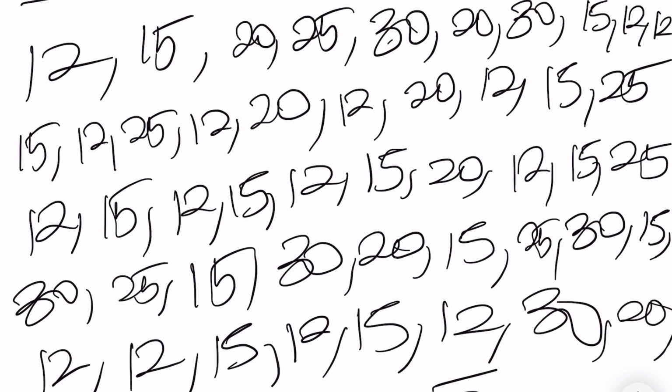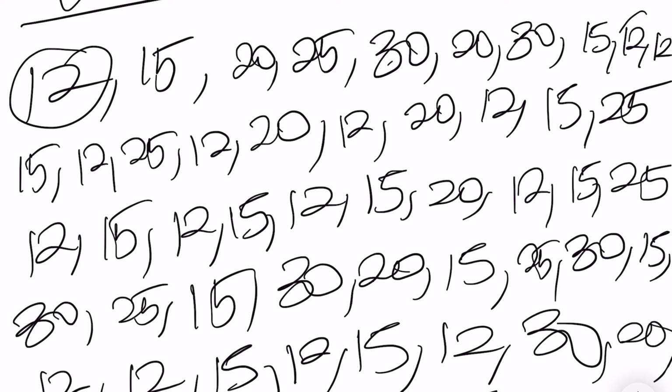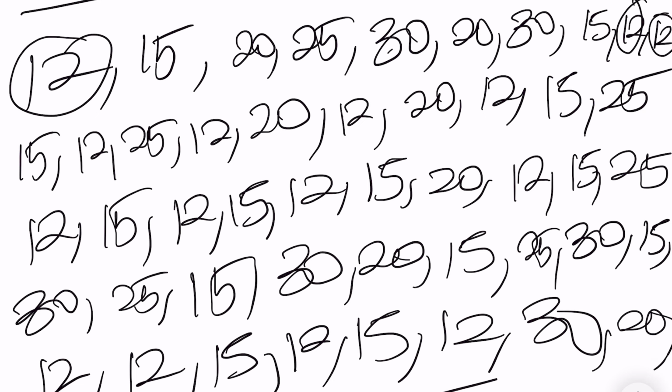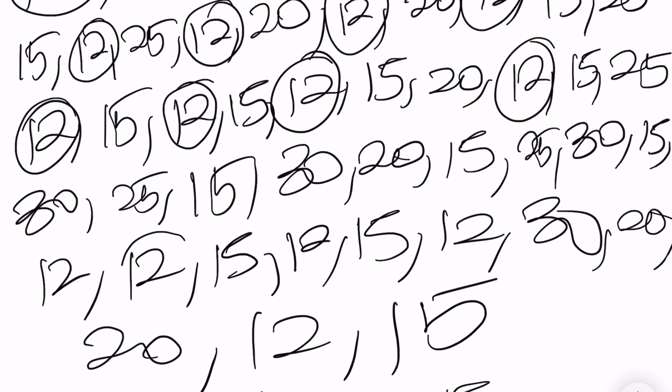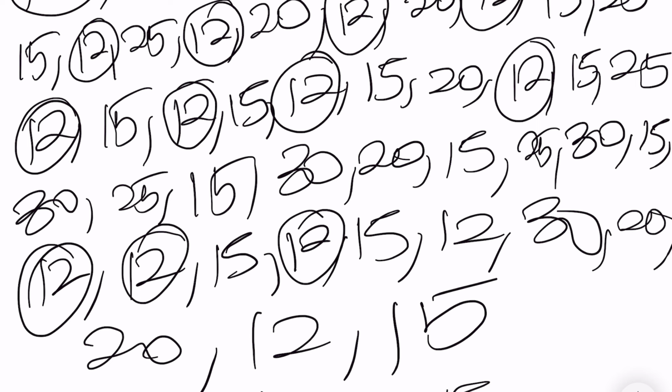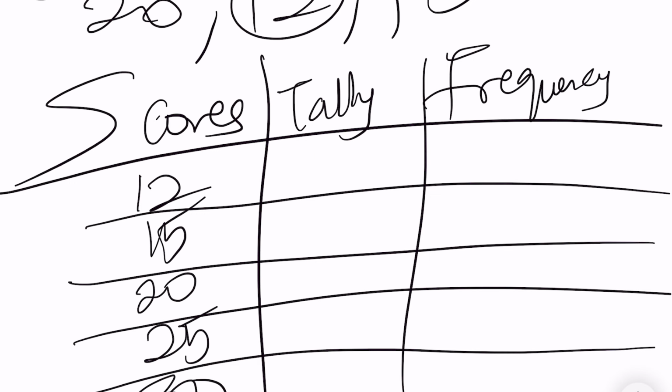Now, for 12, how many 12s do we have? Counting through the data, we have 16 for 12.